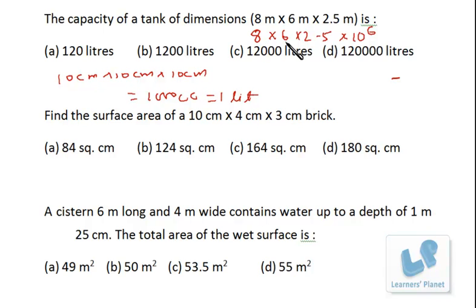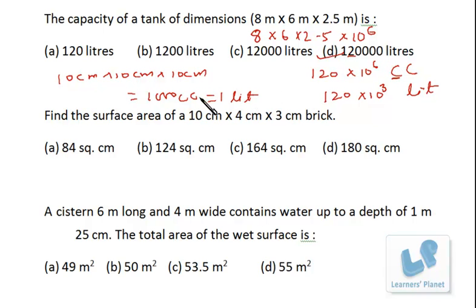So now 8 into 6 into 2.5, that is 120 into 10 to the power 6 cc. Now 1000 cc is 1 liter, so I divide it by 1000. So what I'll be getting? 120 into 10 to the power 3 liters. Okay, so 120, after that 3 zeros. That means this much liters is the capacity of the tank.